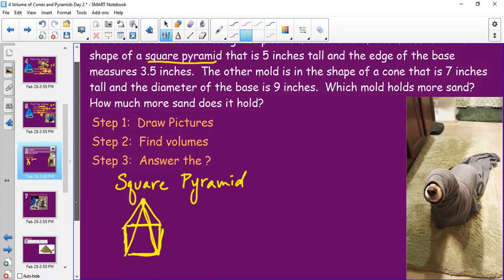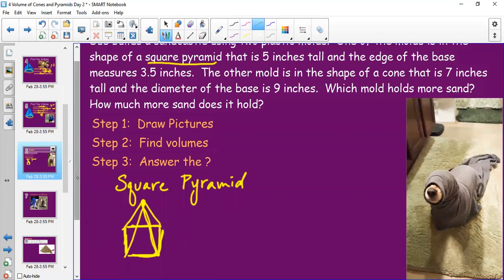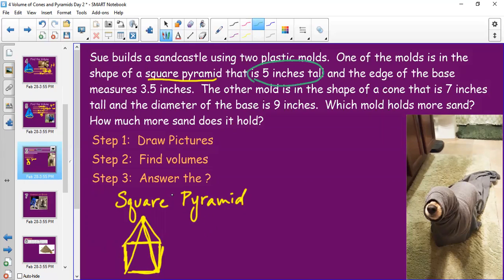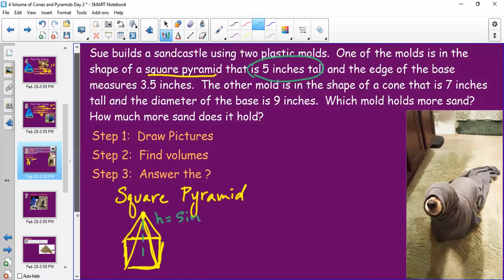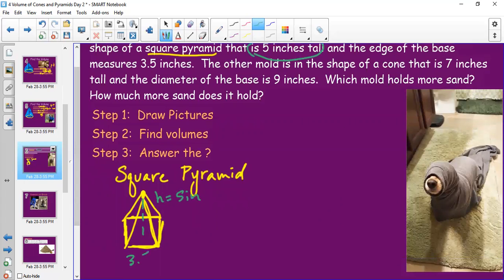That square pyramid, it says, is 5 inches tall. So that is the height. And the edge of the base is 3.5 inches. Because it's a square, I know that all of the measurements on the bottom are 3.5 inches. Okay, so that's the square pyramid.